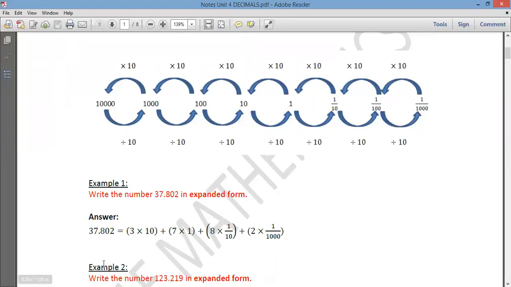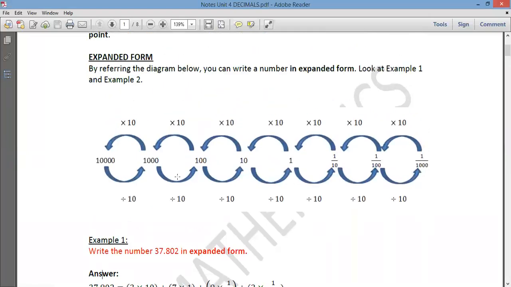So the 8 here will be times 1 over 10. And 0 have no value, so you can exclude that, then 2 will be 2 times 1 over 1000, according to this figure.